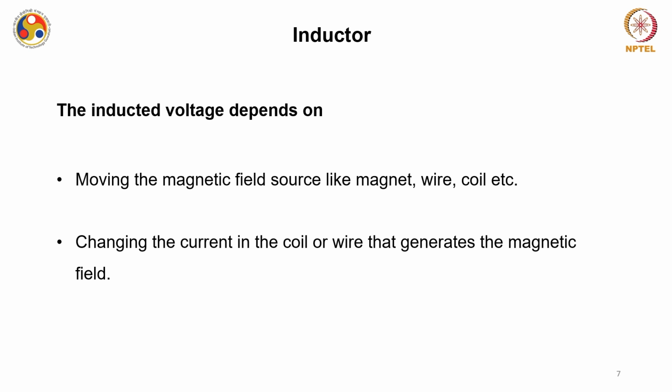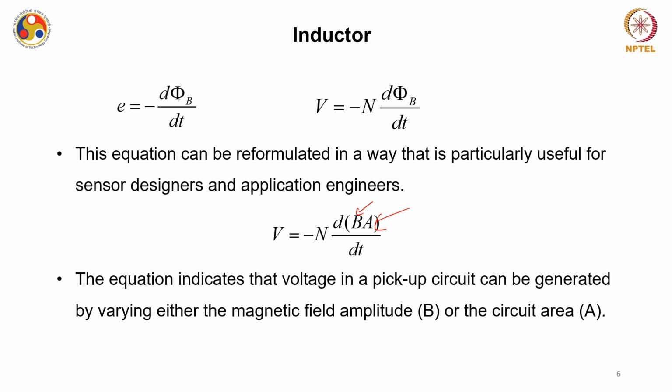The first is moving the magnetic field source, like a magnet, wire or coil. Second is changing the current in the coil or wire that generates the magnetic field. If I am moving the magnetic field, what I am trying to do is change the B, right? So in that case also this V will change.